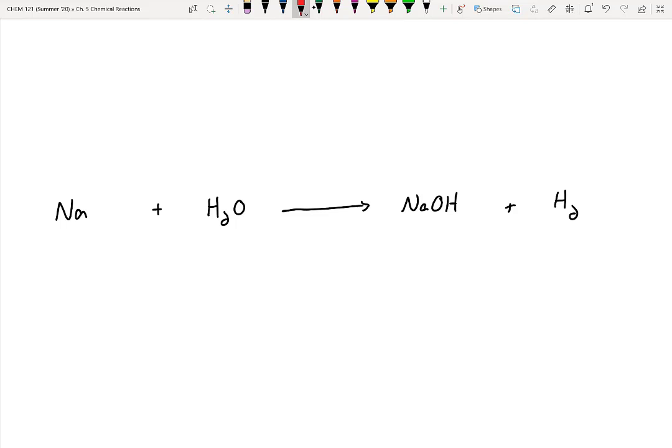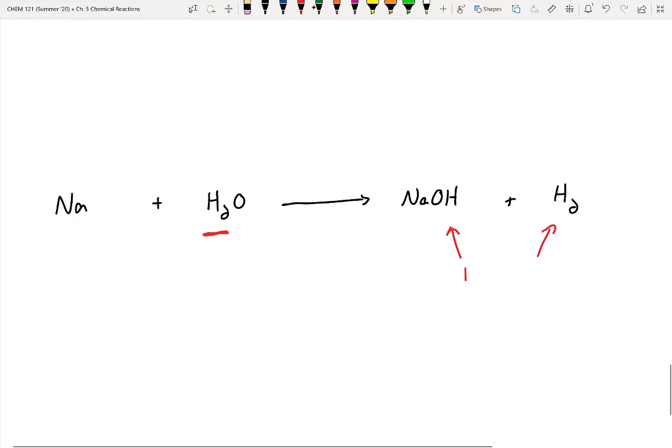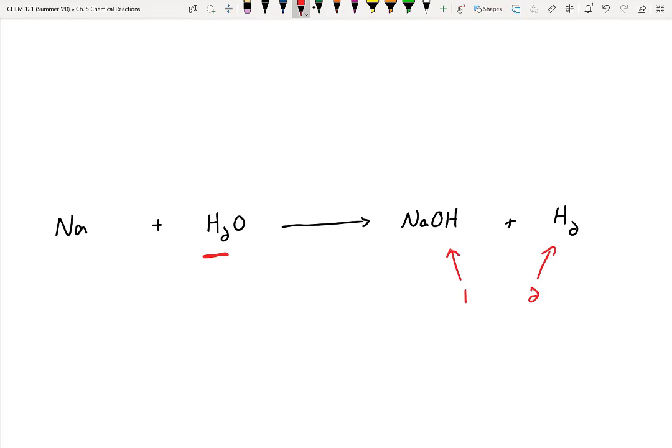So I'd say we've got one sodium. Looks good to me. Then I would go to my hydrogens. Got two hydrogens right here, and then over here, I've got one hydrogen and I've got two hydrogens. All right, so now it gets a little bit tricky. What do you think we should do? Double the most complicated one.